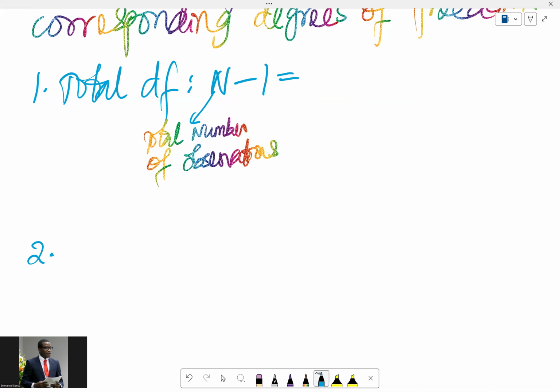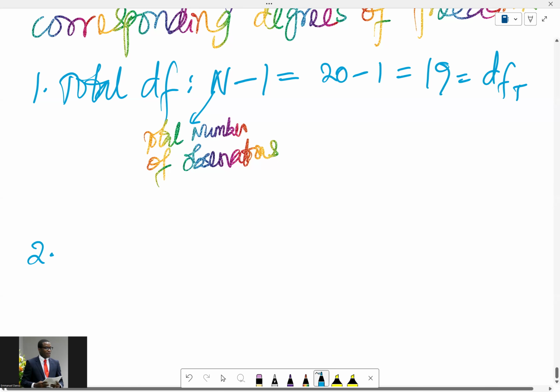That should be 20 minus 1, and that is 19. So you can call that DFT. That's total degree of freedom. Then we can have degree of freedom for A.